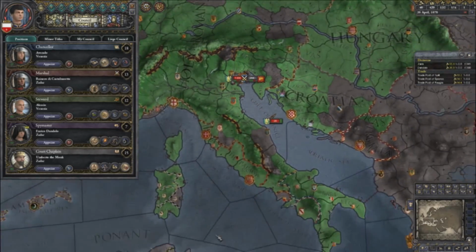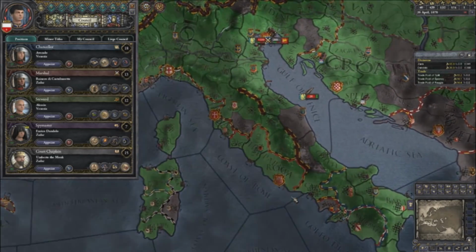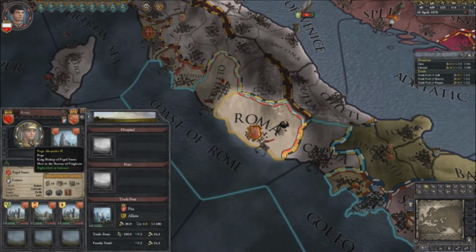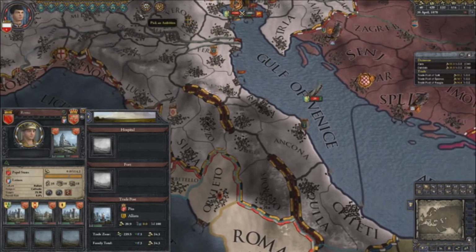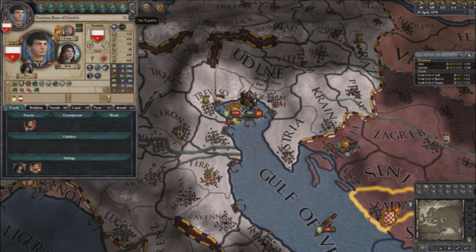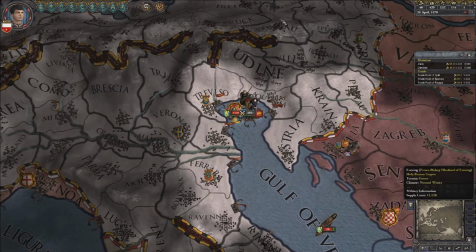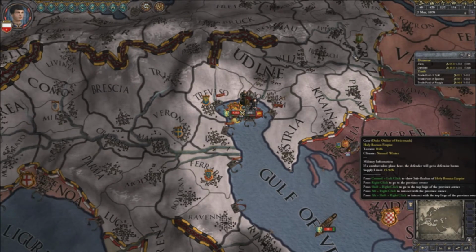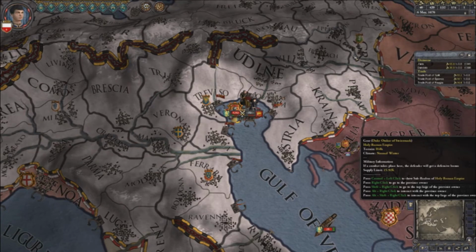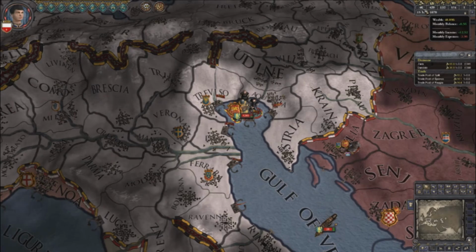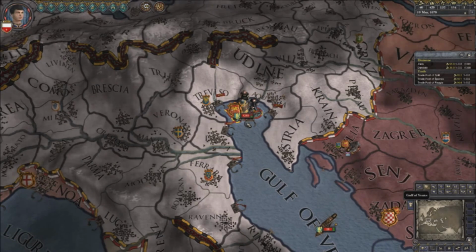I'm going to have our court chaplain go off to Rome and improve our religious relationship with the Pope. I would like to stay in his good books and, among other things, not be excommunicated. That would be rather nice, if I'm honest. Not being excommunicated is a good thing, as shocking as that may be.